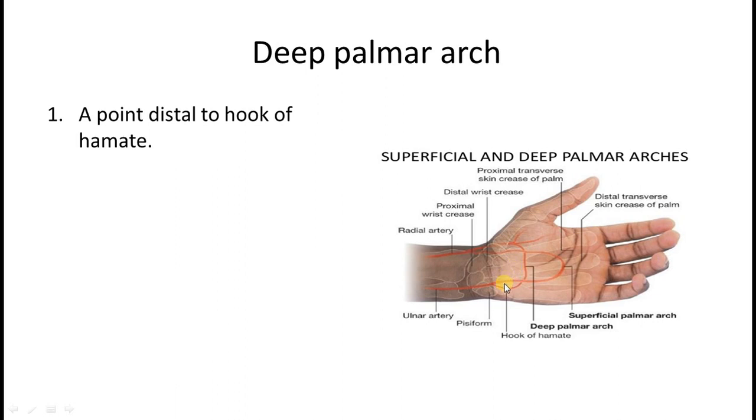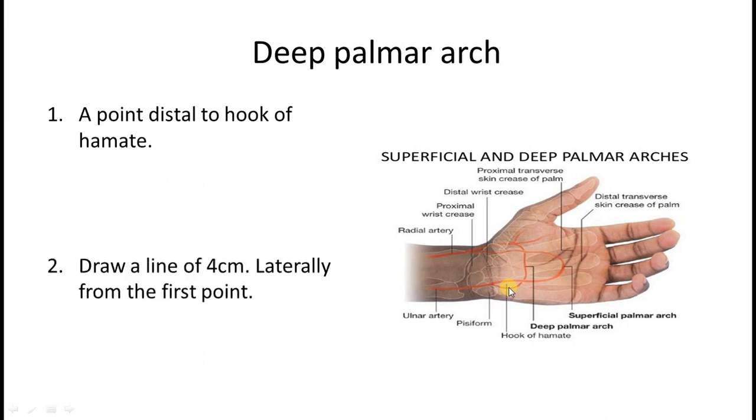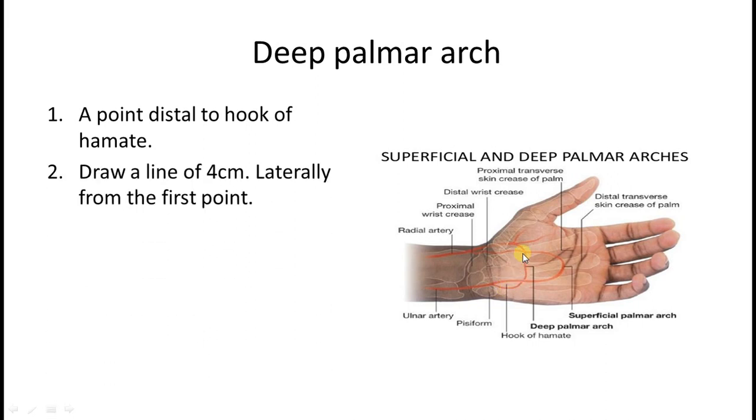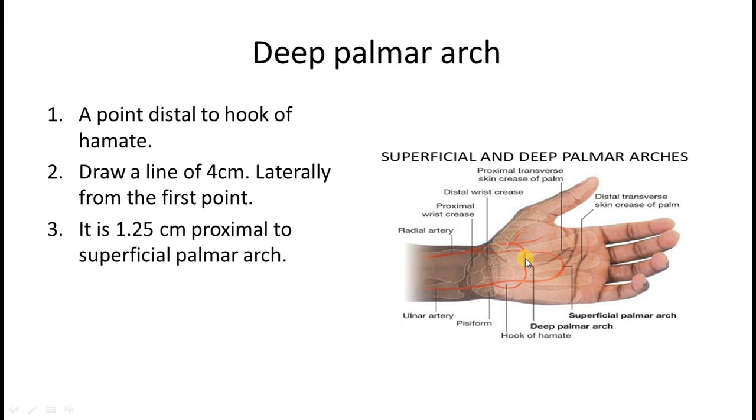First, a point on the hook of the hamate, then you draw a 4 centimeter line laterally from the first point. Then it should be 1.25 centimeters above the superficial palmar arch.